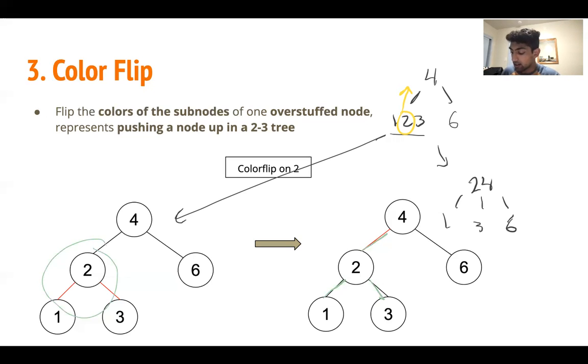And what that really does is that it pushes 2, so now 2 and 4 are part of the same node, okay? So just to recap, in a 2-3 tree, we have this process called splitting, where we take an element and push that element to the layer above. In a LLRB, we have to have some way of executing this operation. So our way of executing that operation is called color flipping. How a color flip works is that we take all of the outgoing links off a given node and we flip their color, okay?